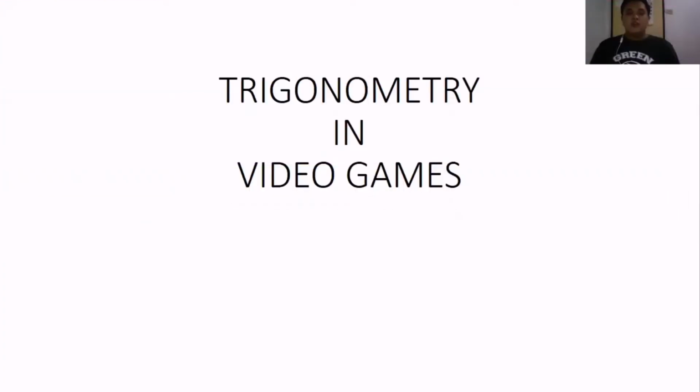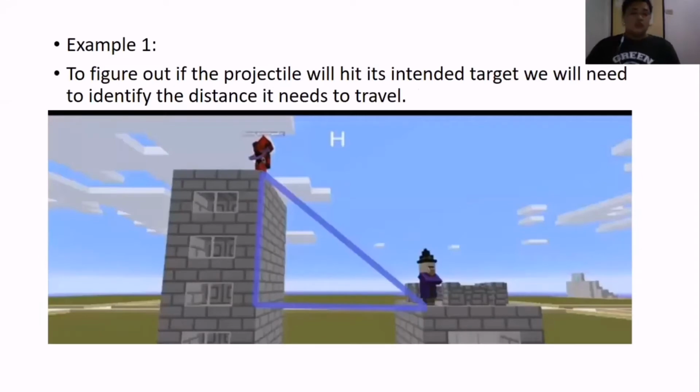Trigonometry in video games. Example 1. To figure out if the projectile will hit its intended target, we will need to identify the distance it needs to travel. I will give the given: 100 centimeters and 50 degrees, and we will need to find the values of C and A. For that, we will use tan beta equals opposite over adjacent.